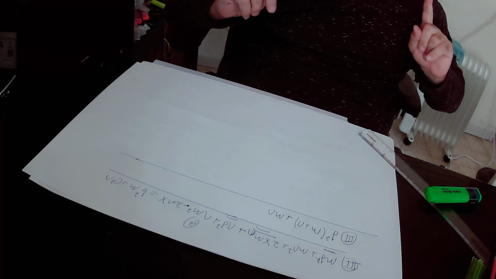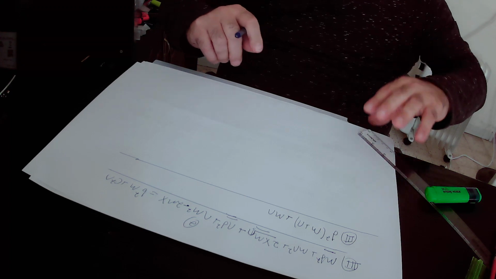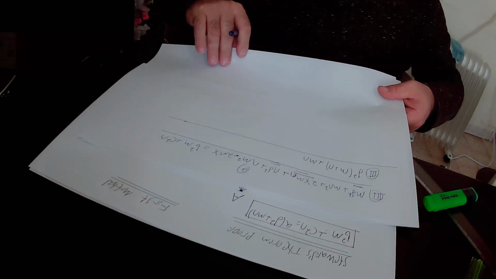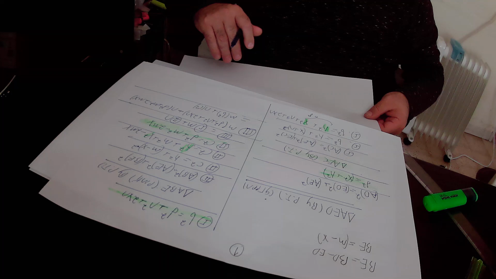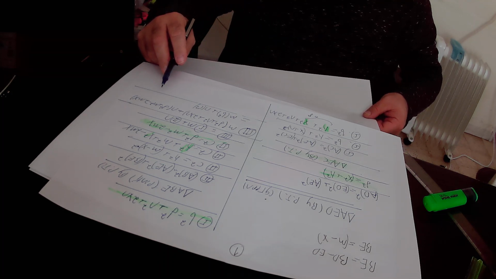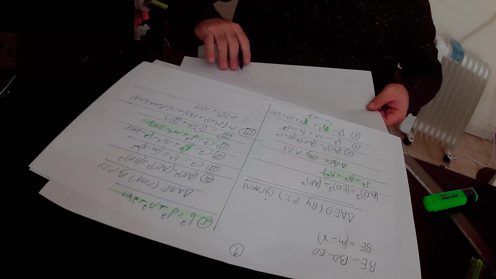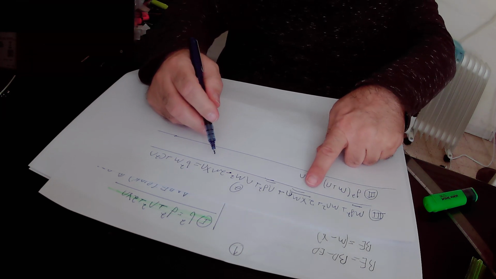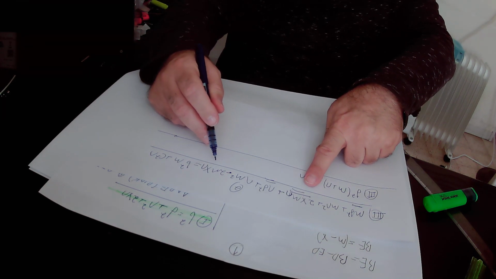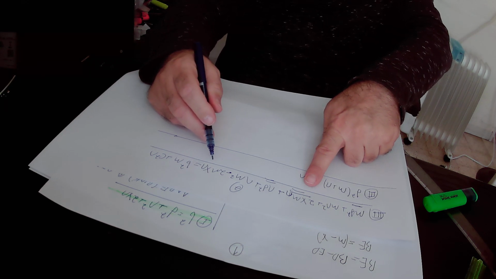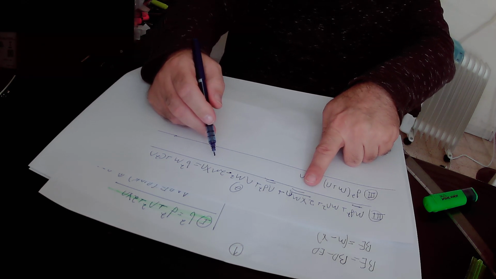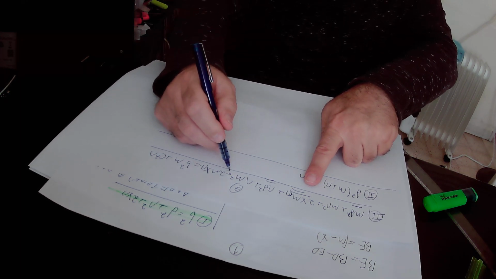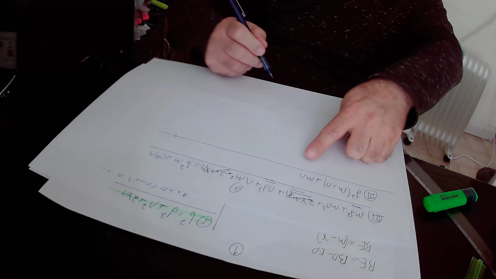First of all, we have here 2xmn minus 2mxn. Those two expressions are equal to each other, therefore they will get cancelled. 2xmn minus 2xmn equals 0. So those two expressions will get cancelled.